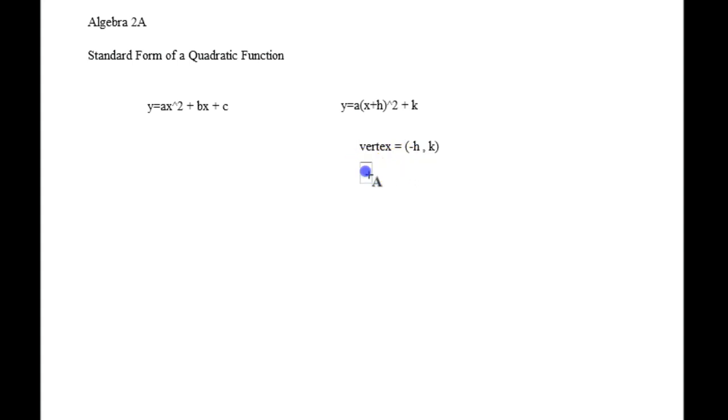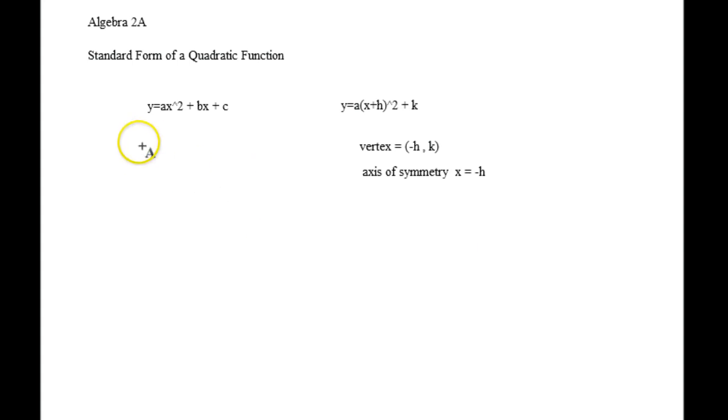And then you could also get the axis of symmetry, which should be x equals negative h. There we go. Okay, so that one's pretty simple to work with.